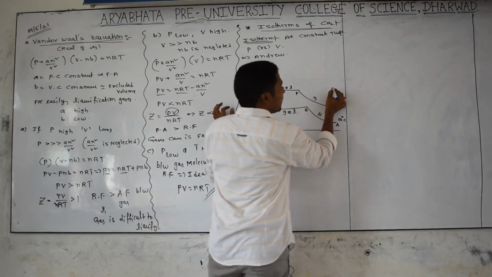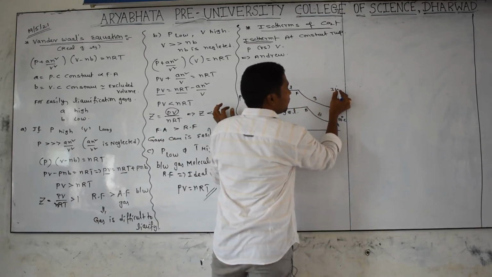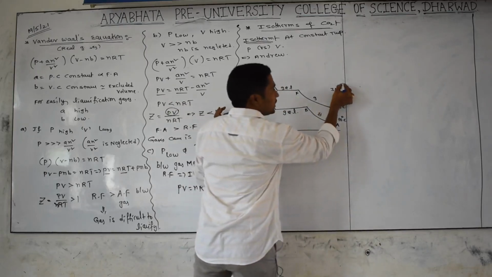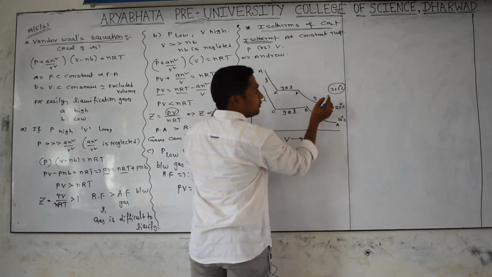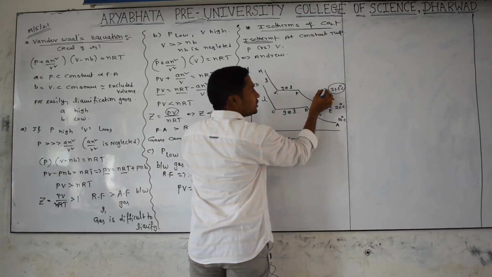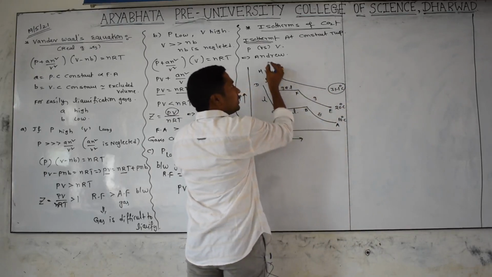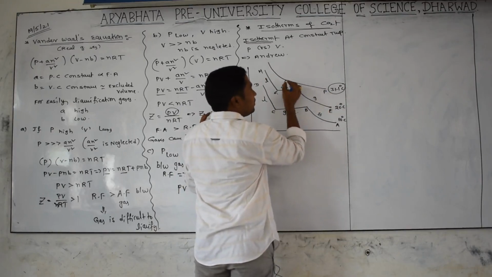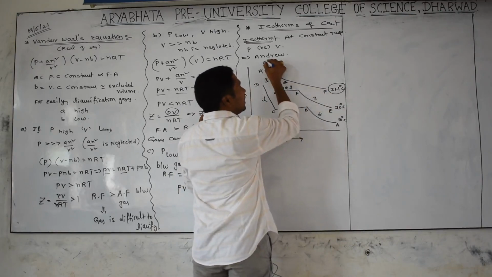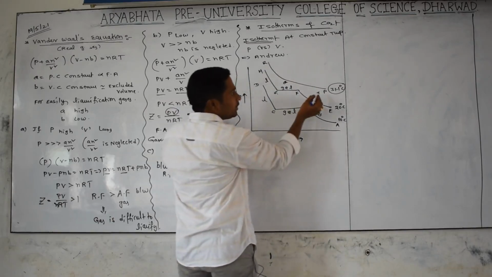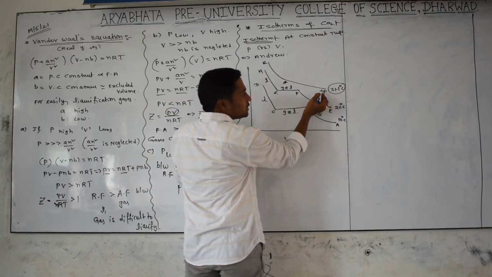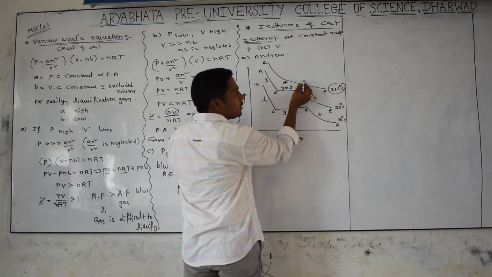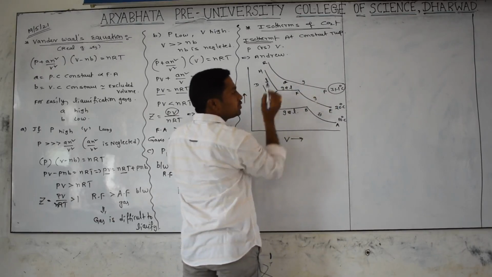Now I am taking a special temperature, 31.1 degrees Celsius. This is a special temperature. Why? Because if you take this special temperature, the graph will come like this, for example P, Q and R. At this particular temperature, as the pressure is increasing, slowly volume is decreasing, meaning between P and Q the matter exists in the gas phase only.